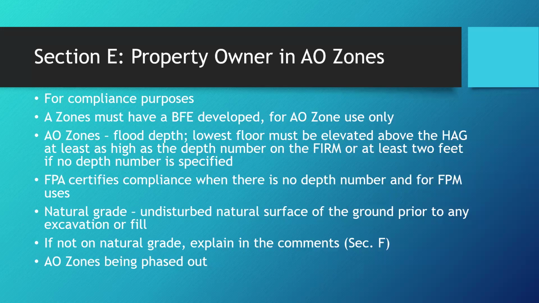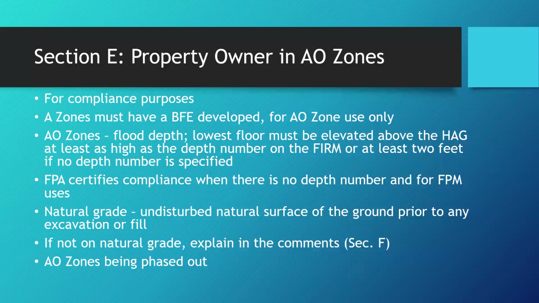The basic requirement is that the lowest floor is elevated above the highest adjacent grade at least as high as the depth number on the FIRM, or at least 2 feet if no depth number is specified. And a lot of communities have added on to that. It's like 2 feet if no depth is specified plus 1 foot. So they will go in and add the freeboard to that.